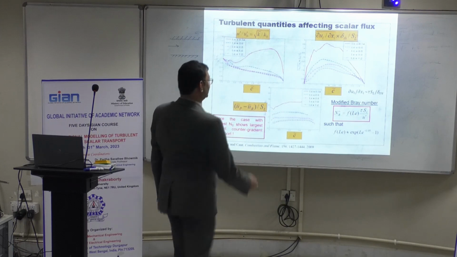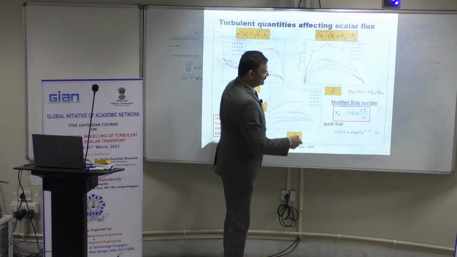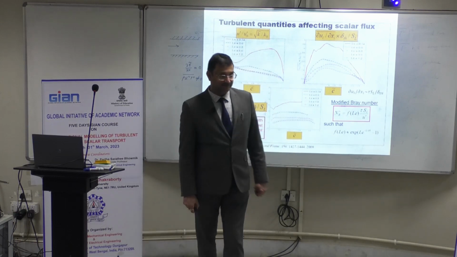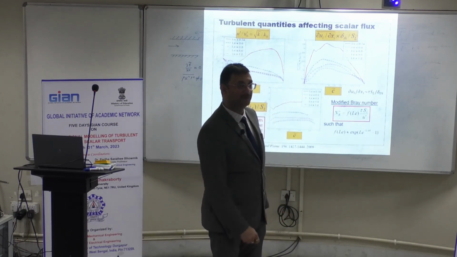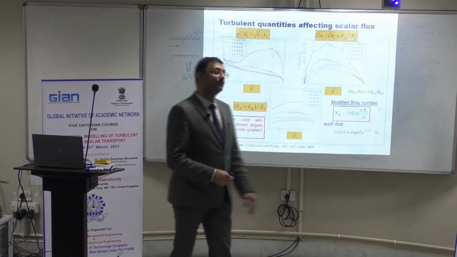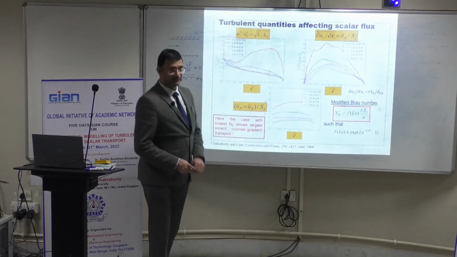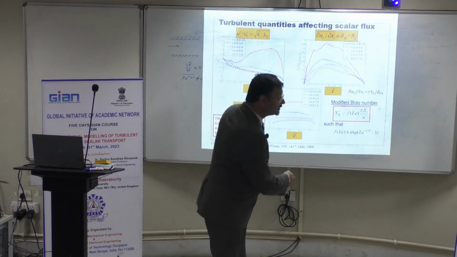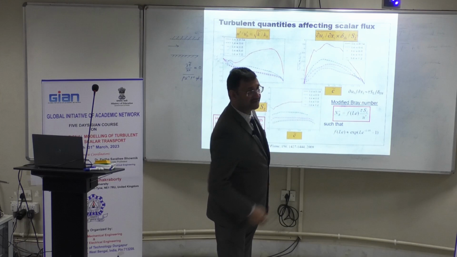So to make it consistent, we introduced a factor as a function of Lewis number. For non-unity Lewis number cases, one possibility is this one, and that more or less captures the trend which we have seen as a function of Lewis number. So this function is such that it increases with decreasing Lewis number.